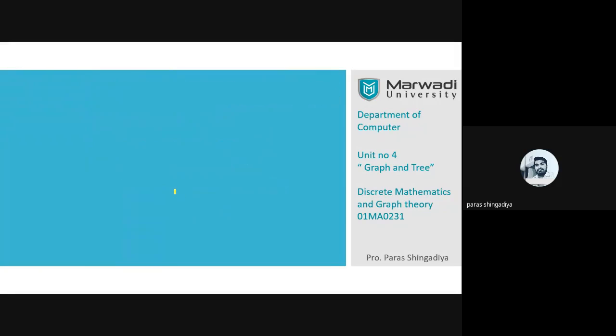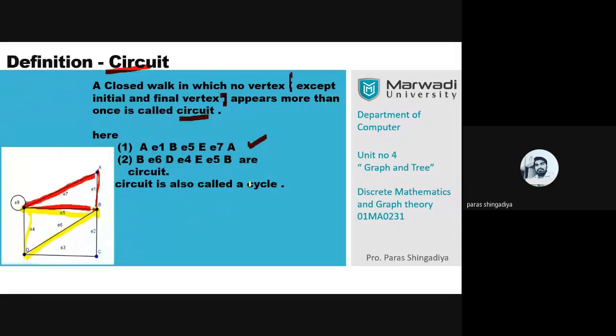So that is the definition of a circuit. And the second word for circuit is cycle. Cycle means there is one closed loop, and in this loop you include some places, and that type of loop you can call a cycle.